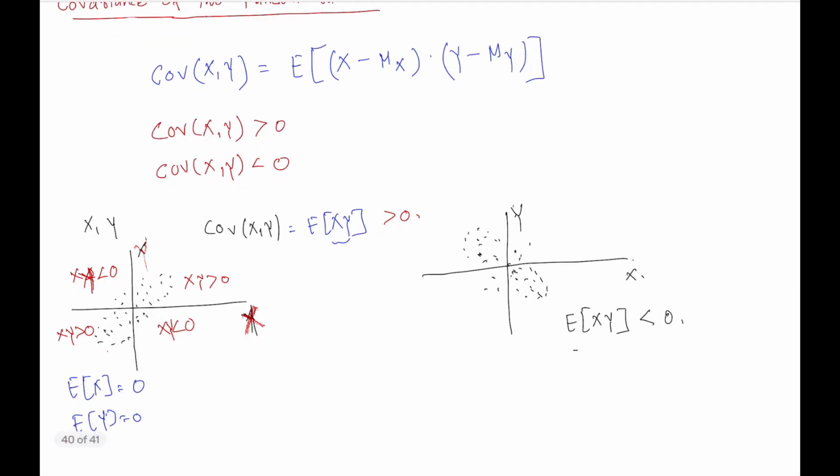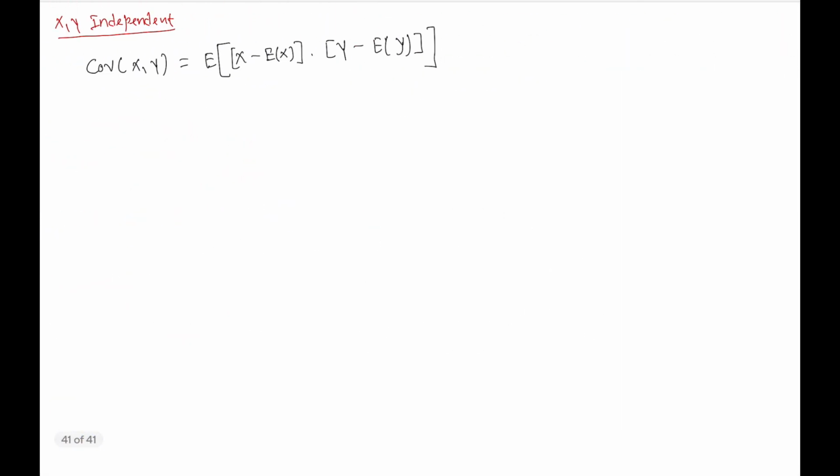Okay, now let's look at the case when the random variables x and y are independent. So what is the covariance?